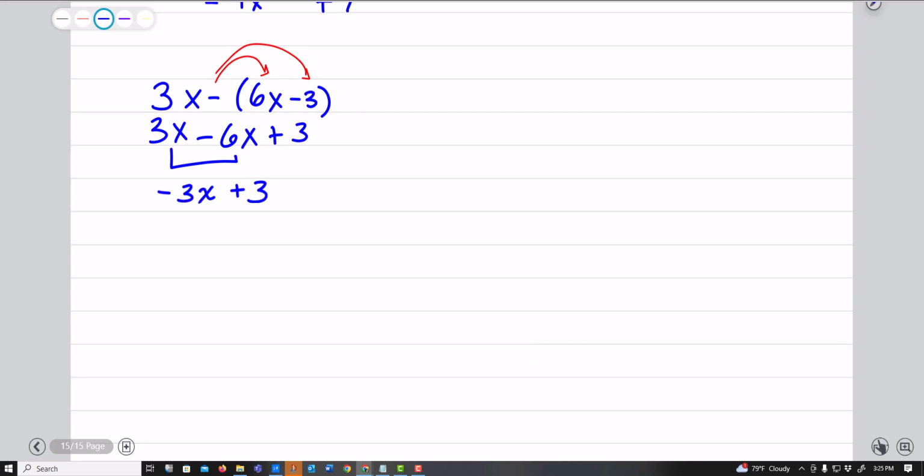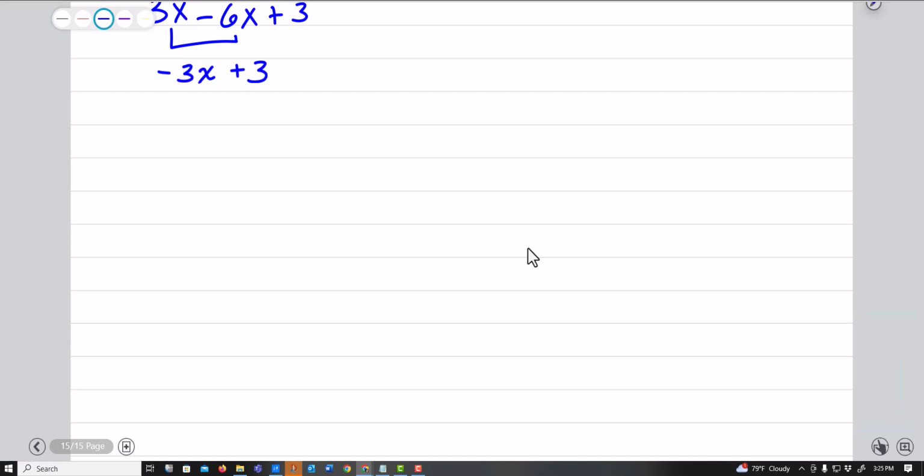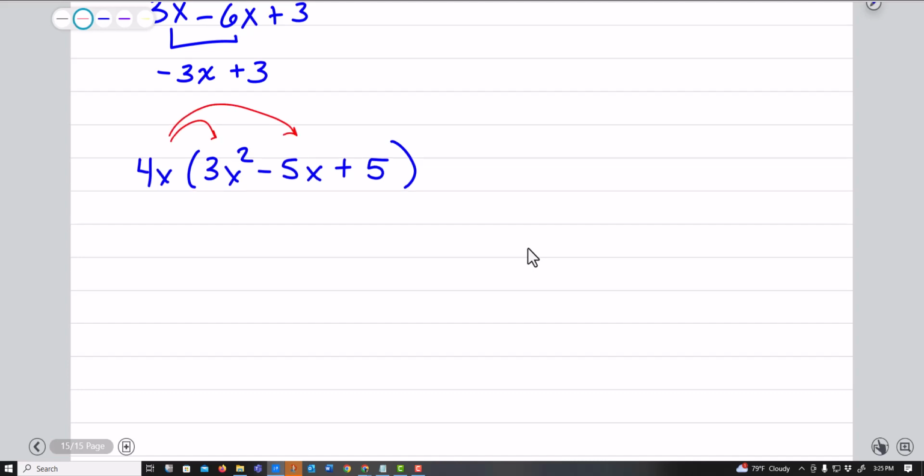As you continue along with those, what comes up next will be doing some multiplication. So if I have 4x and 3x squared minus 5x plus 5, you'll see this is where your exponent rules come in. So I'm going to take this 4x and multiply it by everything inside the parentheses. And so 4 times 3 is 12.